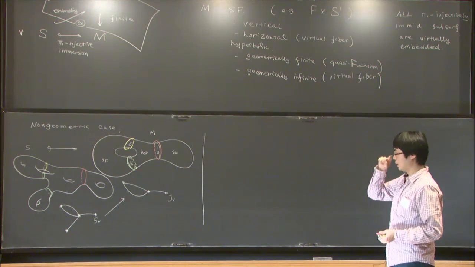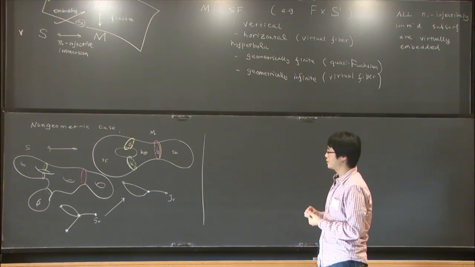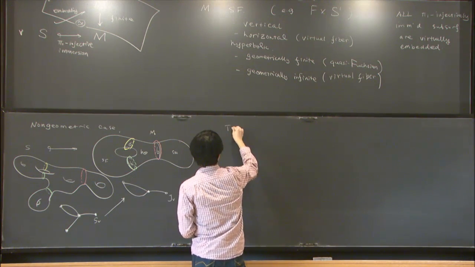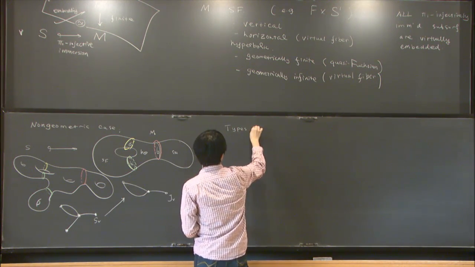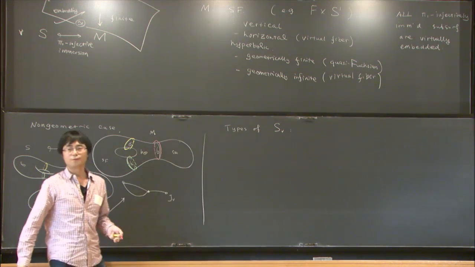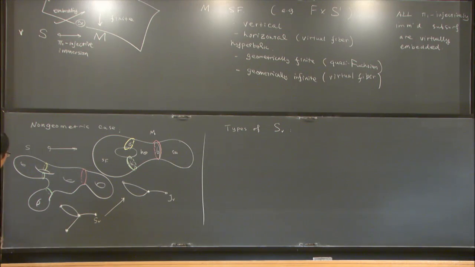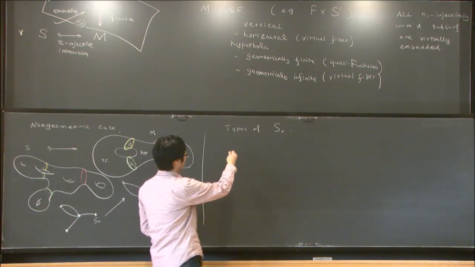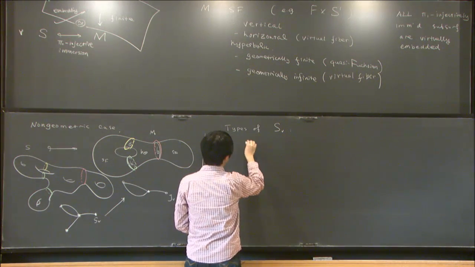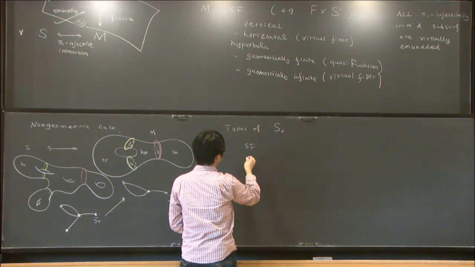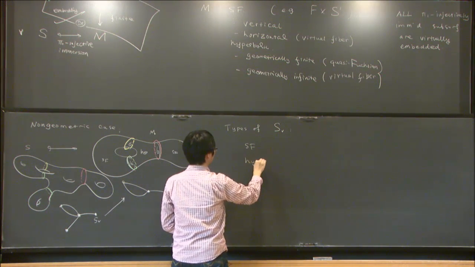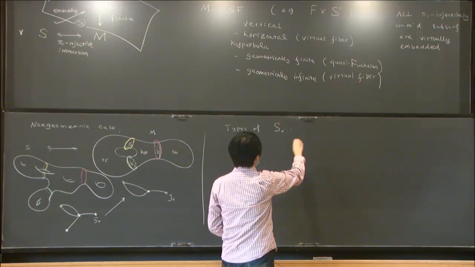Okay, so what we have said is that there are possibly four types of vertex subsurfaces S sub V, depending on which kind of piece it lies in, and depending on whether or not it's a virtual fiber.